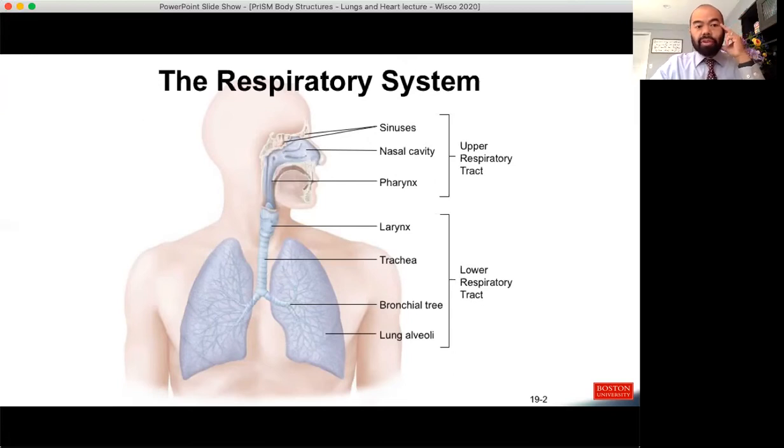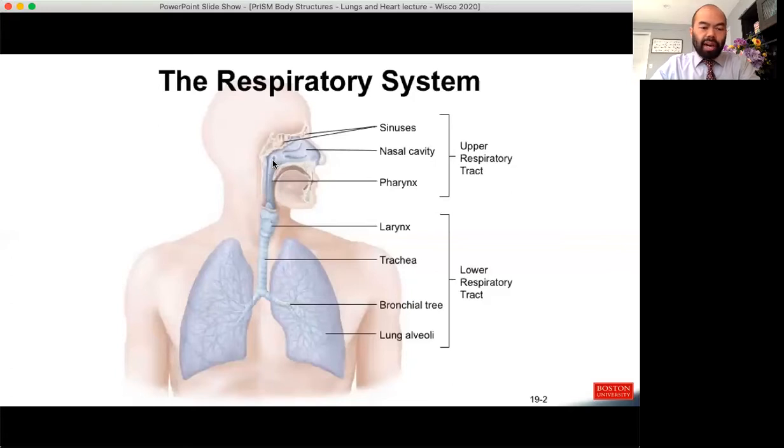Airway then travels from the nasal cavity into the nasopharynx. The pharynx is a long tube that connects the nasal cavity and the oral cavity, and then it transitions behind the larynx into the esophagus.